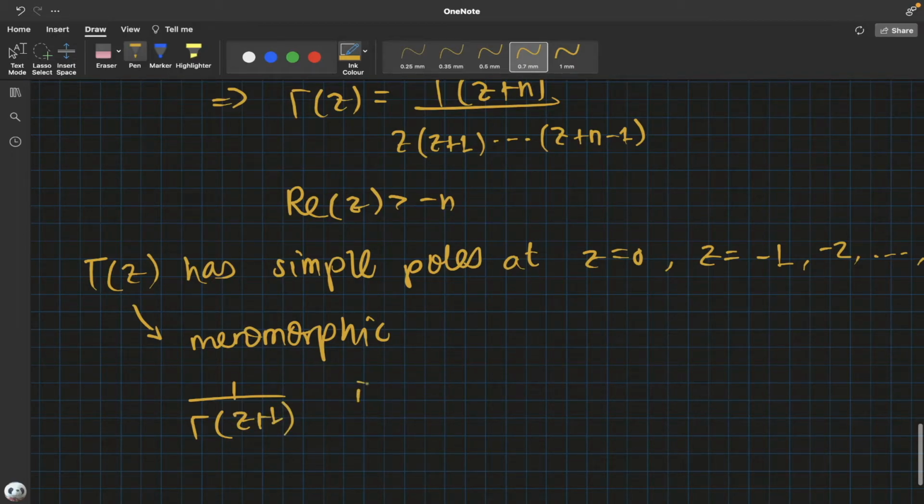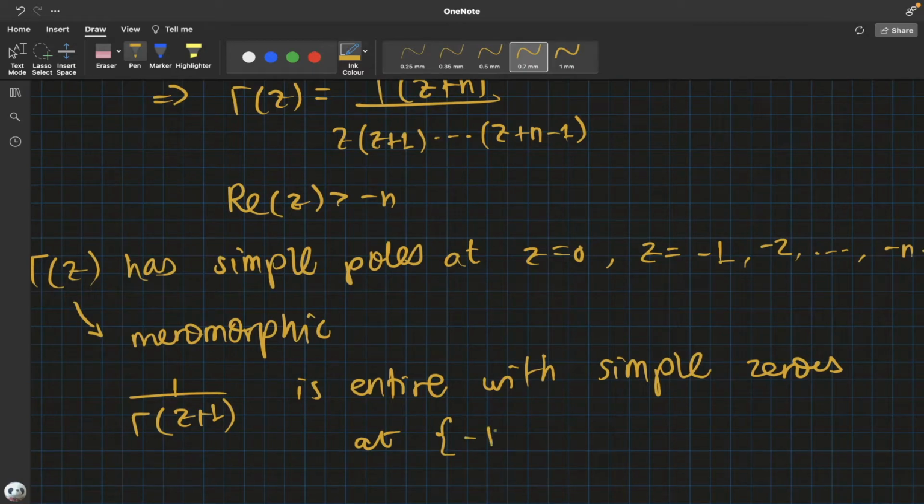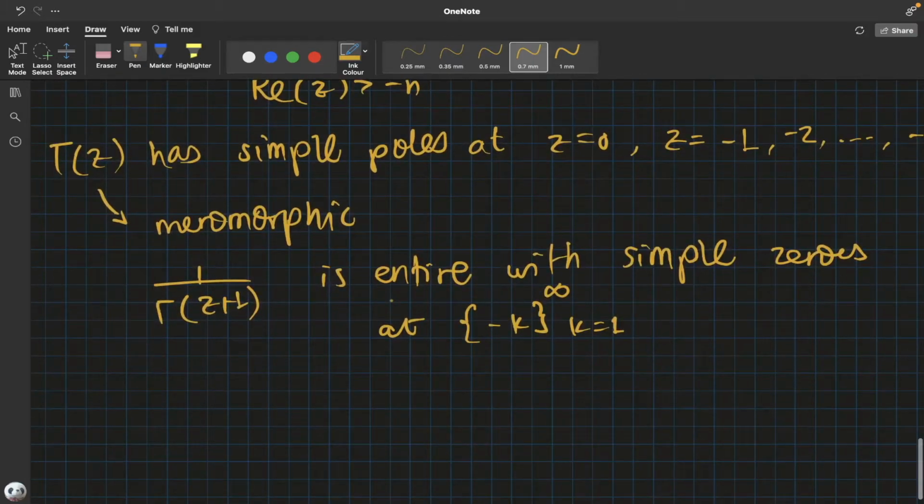We know this is entire, with simple zeros at minus k, where k goes from 1 to infinity, from the previous idea.